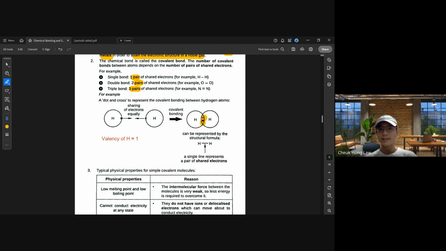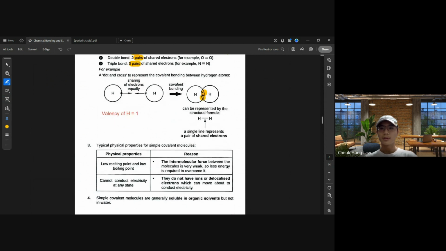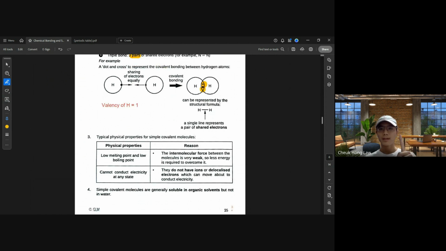So hydrogen now has two electrons on the valence shell, which is the full valence shell for the first shell. Okay. So now it's in stable electronic configuration. So it can be represented as H, single bond H. Why? Because there's one pair of shared electrons, which also mean one single bond. Okay? So a single line represents a pair of shared electrons.